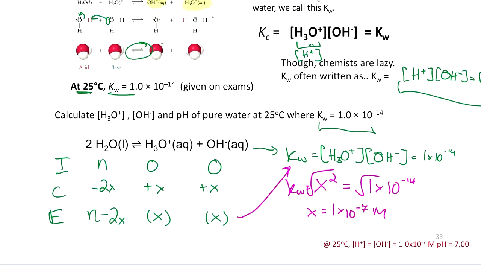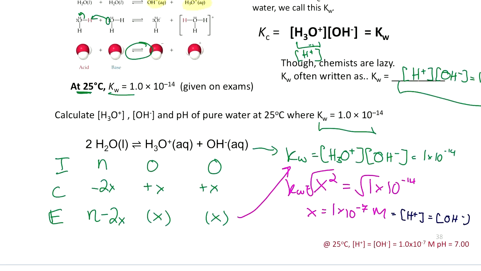So that is the concentration of what? Look closely at your ice table. We calculated X, but X represents what? The concentration of H+, but also hydroxide. Yeah, so this X that we got does double duty. It is actually the concentration of H+ and the concentration of hydroxide.